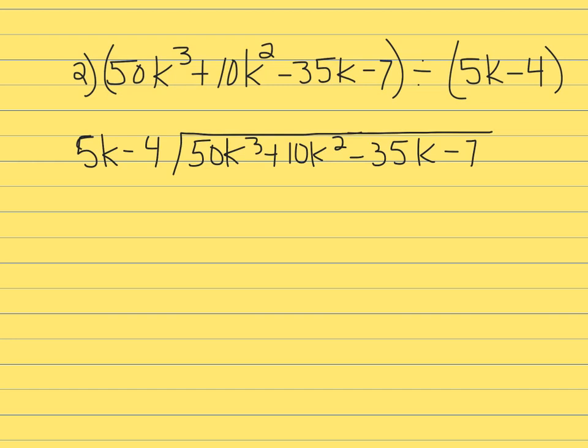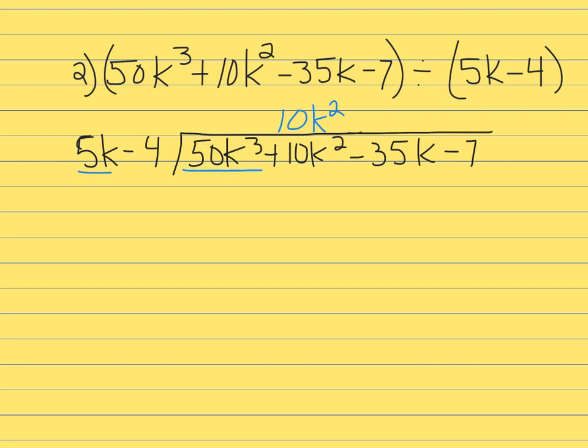Okay, so I look first, 5k and 50k to the third. So 5 times what gives me 50? Well, 5 times 10 gives me 50. And k times what will give me a k to the third? So I have 1 here, I need 2 more. So times k squared is going to give me the k to the third.